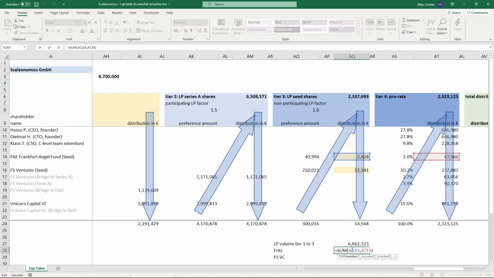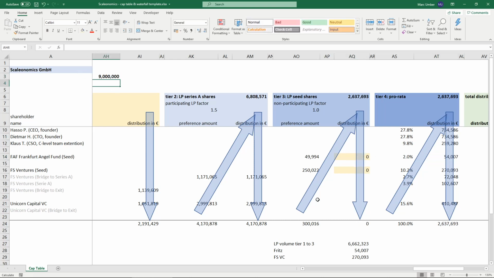Fritz Müller will be on this plateau until all the euros have been offset. So not until we reach 9 million, then this overall proceeds will rise for Fritz Müller. This is the very nature of a non-participating liquidation preference. Okay, let's reset to our initial estimate and let's clean up.